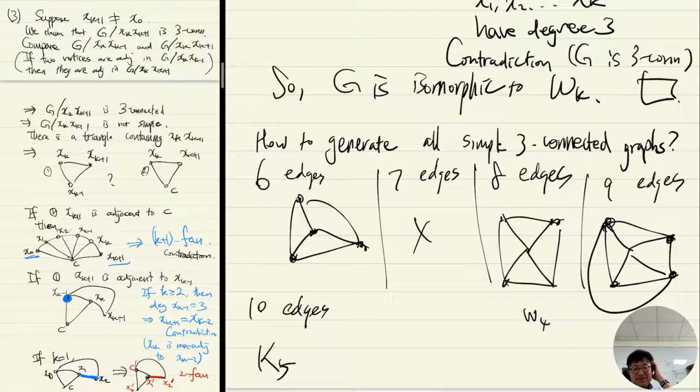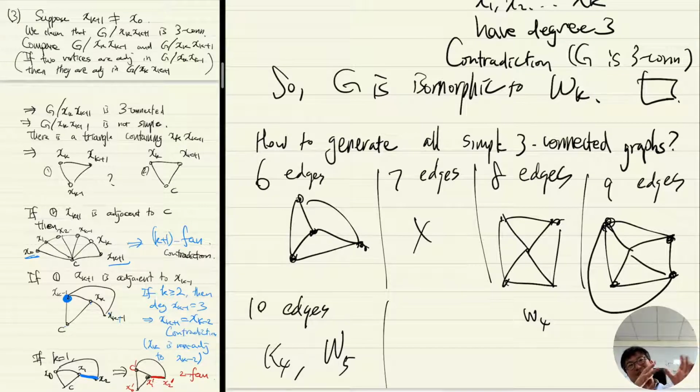So K4, right? By adding one more diagonal, or you have a W5, right? Because all simple 3-connected graphs can be built from some wheel by adding edges and uncontracting repeatedly, right?